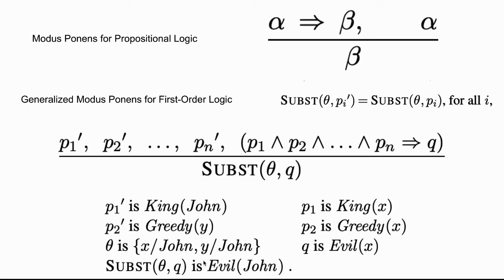Okay, so this is how we are able to infer evil of John, meaning John is evil, by using this generalized version.